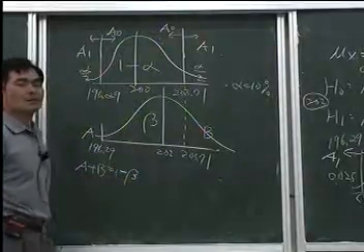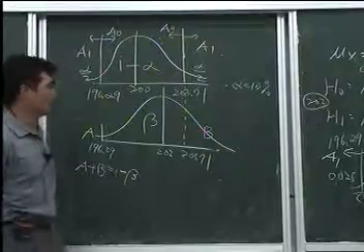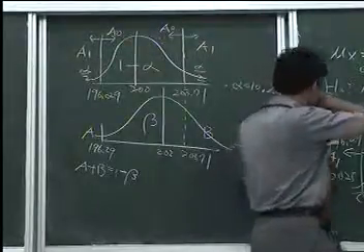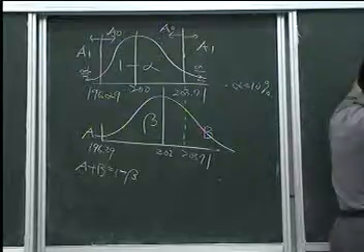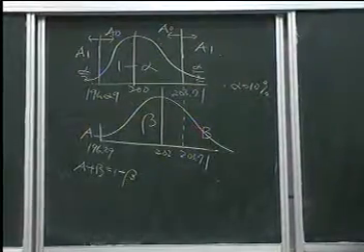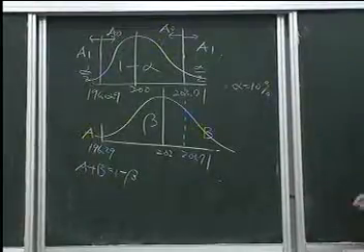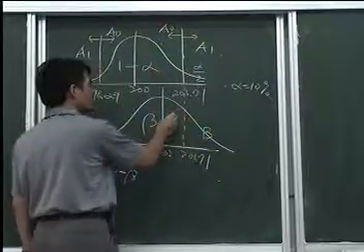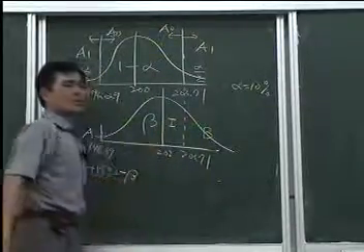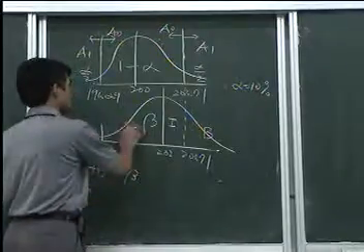So now let me give you the formula to calculate beta, okay? What is beta here? Beta actually is this area, right? Let me mark this as Roman number 1. This area plus this area.